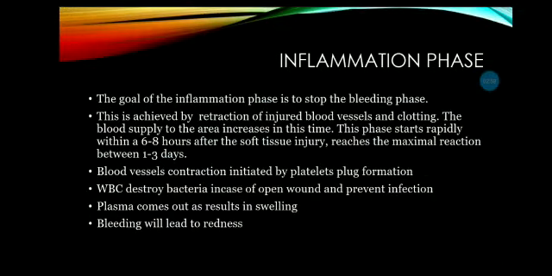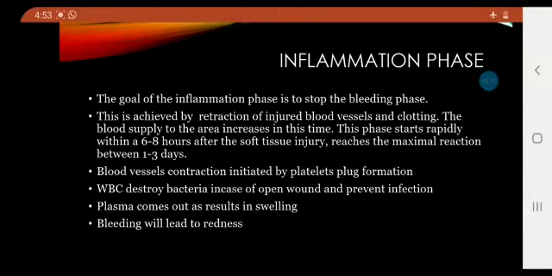Inflammation phase. This phase starts soon after the bleeding phase. As you must have observed, if an injury takes place, then within 6 to 8 hours there is an increase in swelling and redness of that particular area.